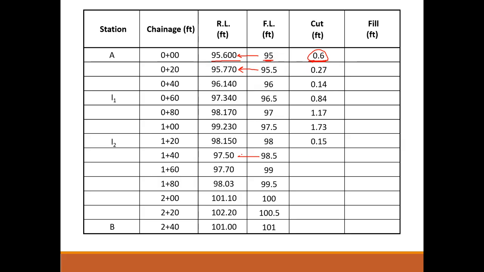For this value, you can see 98.5 minus 97.5, it is equal to 1, plus 1. That is why we have entered this value in the fill column. Okay, all these values are indicating that answer is in plus sign. And for the last value, the difference of the two values is 0. That is why these two cells are left unfilled.